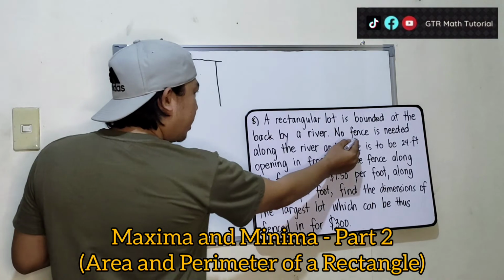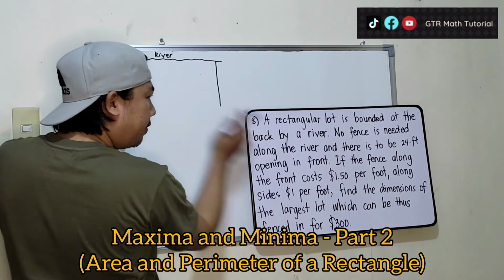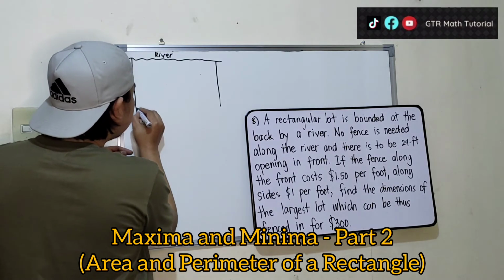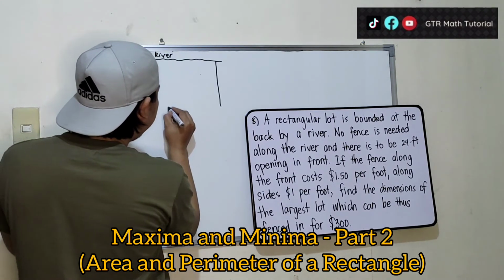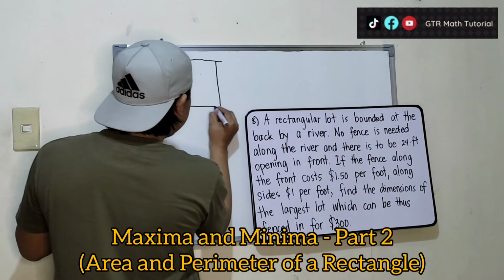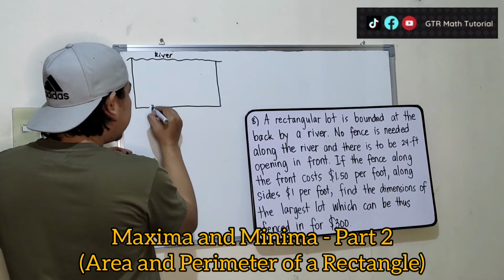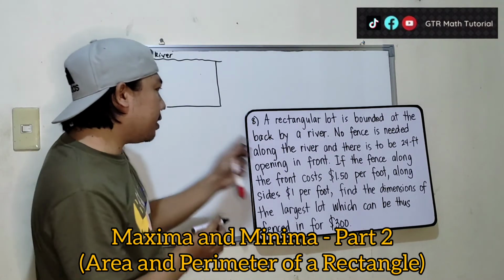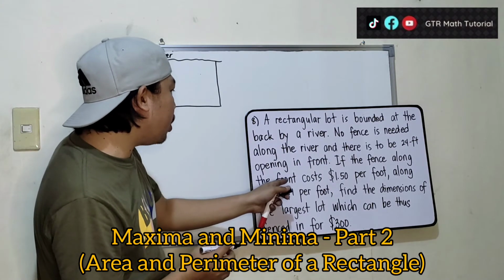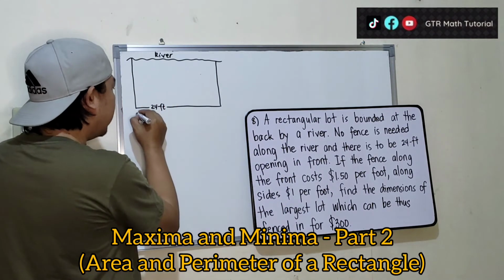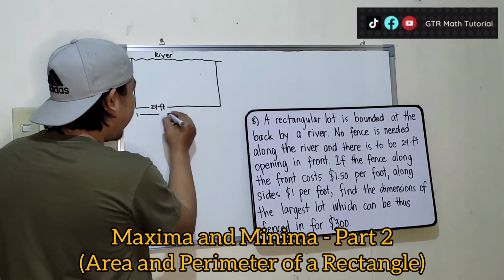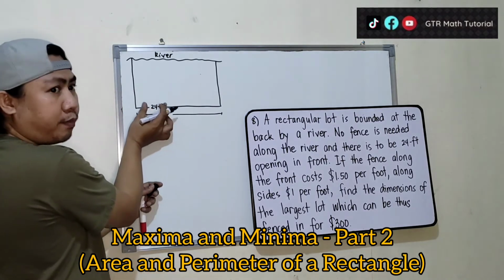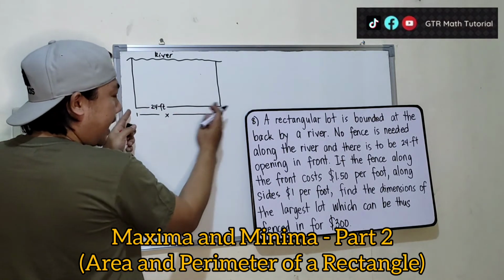But sabi, no fence is needed along the river, and there is to be a 24 feet opening in front. So let's say this is the 24 feet. So there is a 24 feet opening in front. If the fence along the front costs $1.50, so let's say this is the x, including the 24 feet opening, so x is the length.